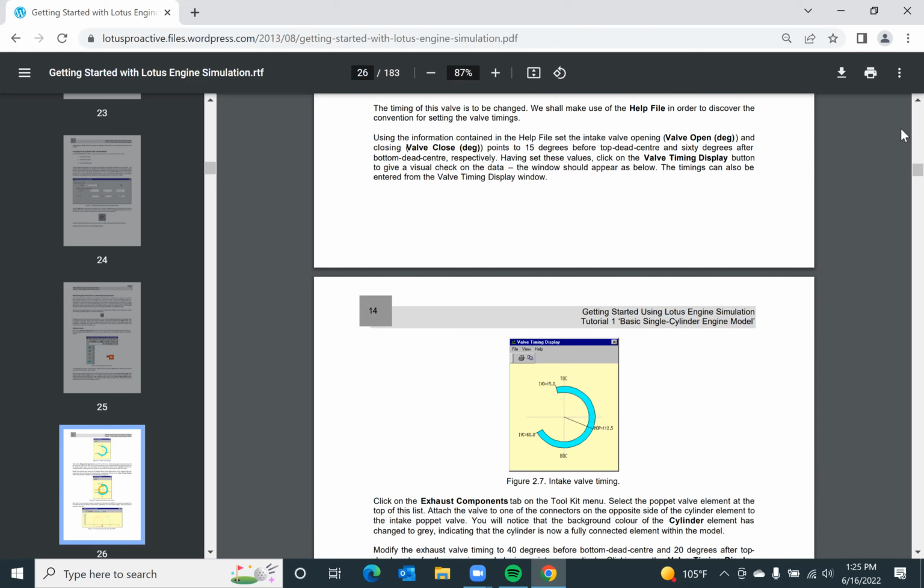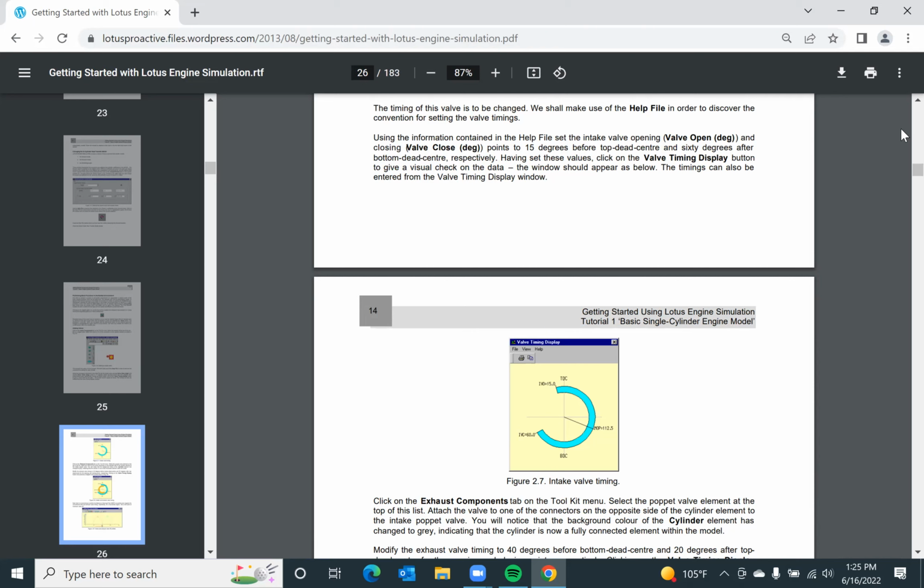Everybody agrees? What's going to happen during the suction part of the cycle? Exhaust valve is closed, inlet valve is open. Do you agree with me?